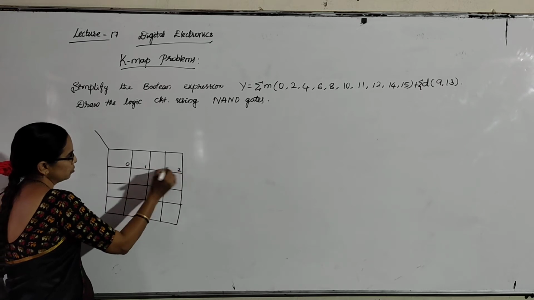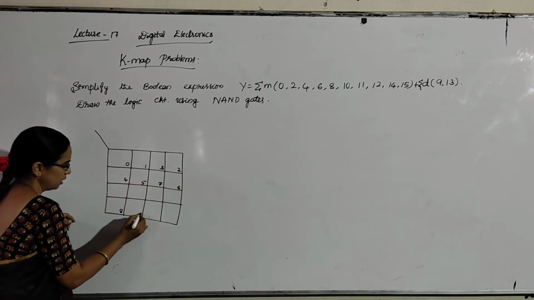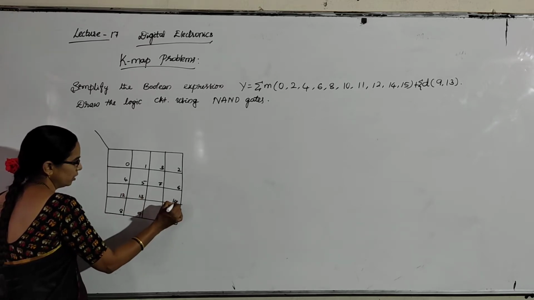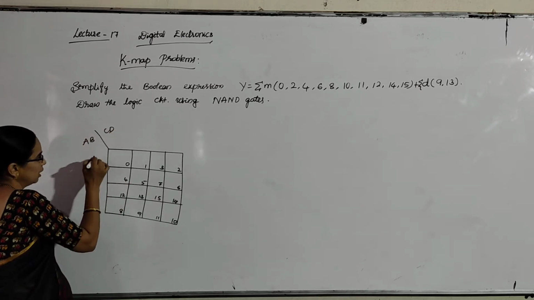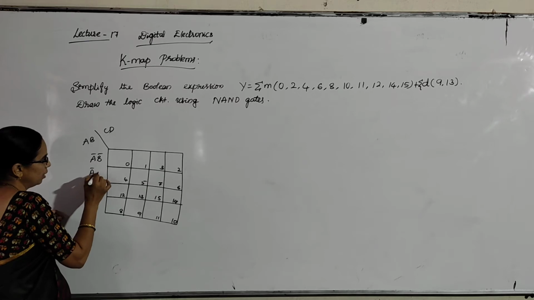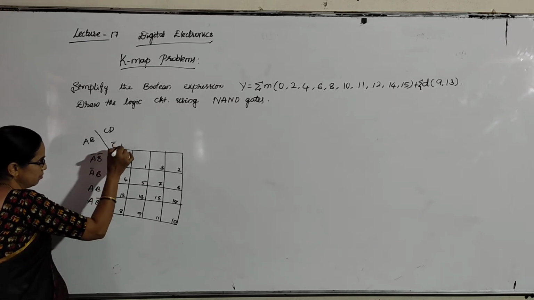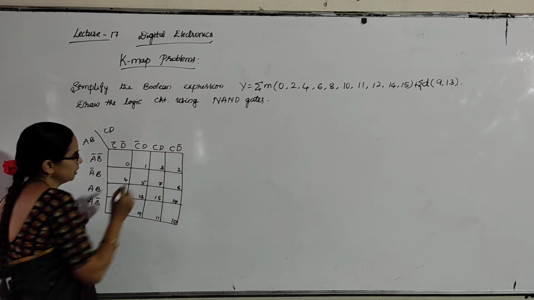Cells 0, 1, 2, 3, 4, 5, 6, 7, 8, 9, 10, 11, 12, 13, 14 and 15, with rows A bar B bar, A bar B, A B, A B bar, and columns C bar D bar, C bar D, C D and C D bar.